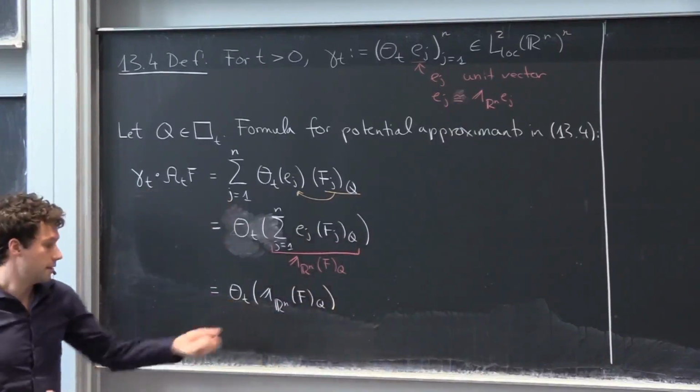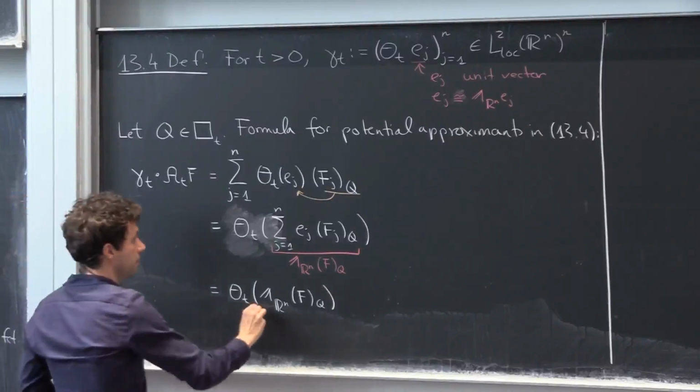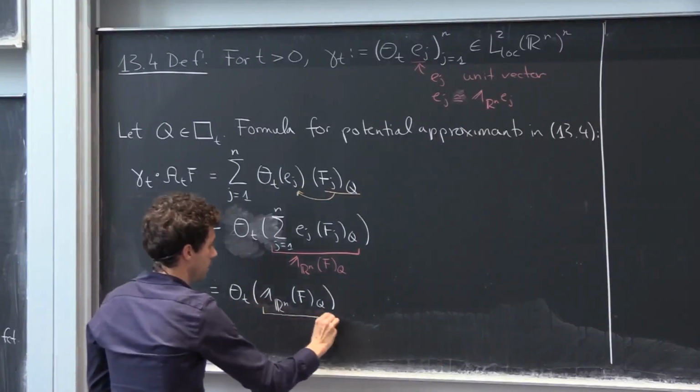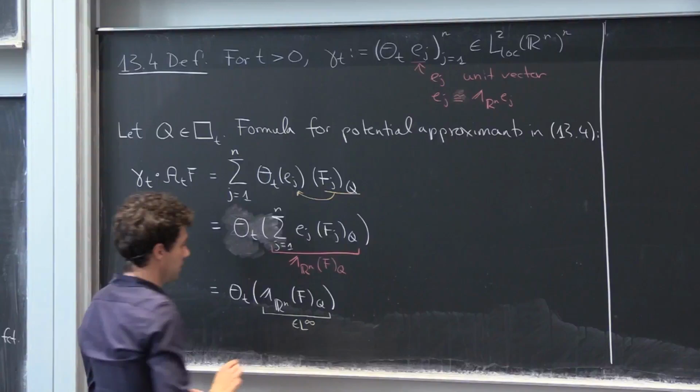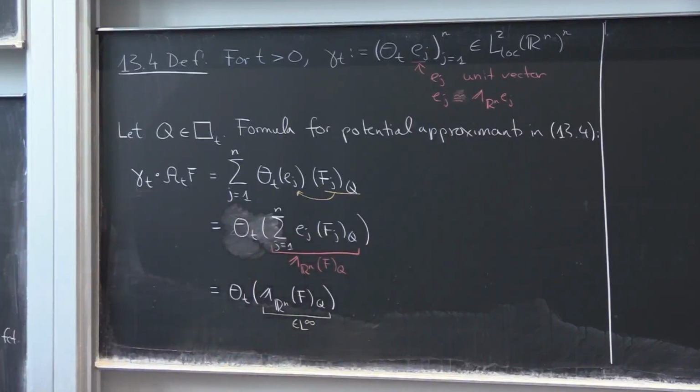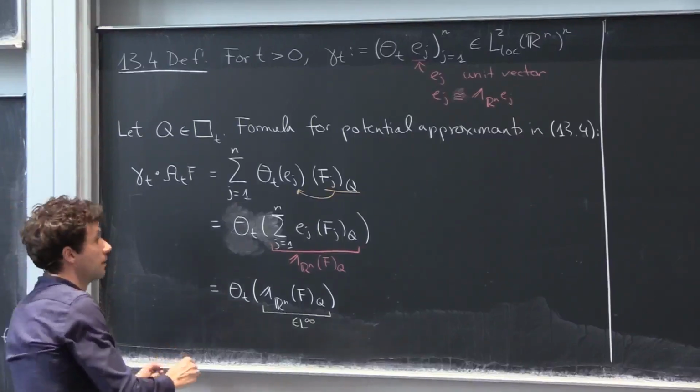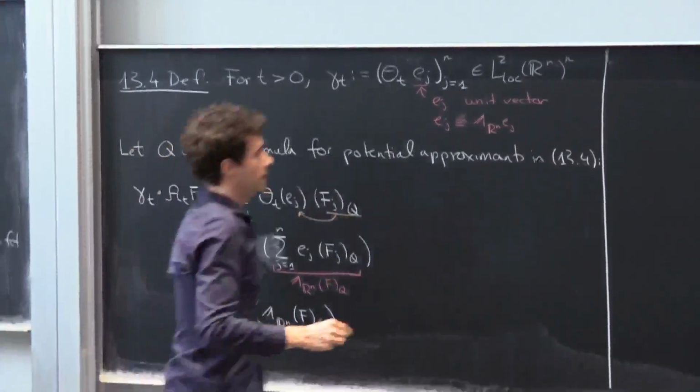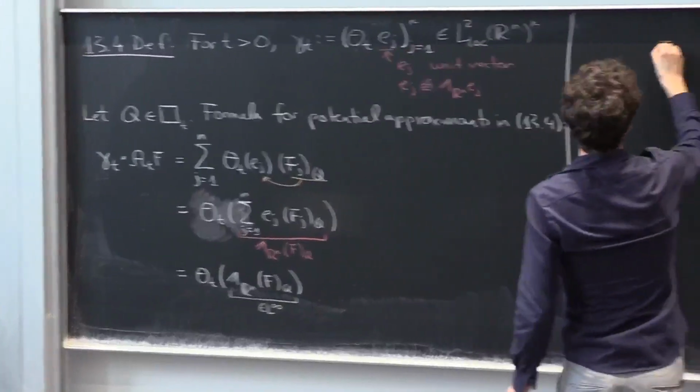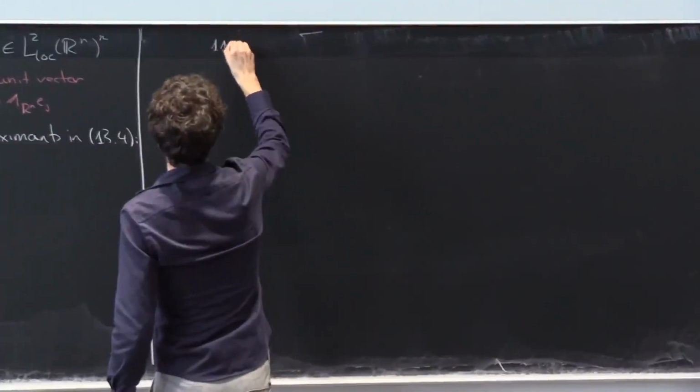And now this here, I view it as an L infinity function. And so I can go back to the definition, how I extend it by means of off-diagonal estimates, the action of operators from L2 to L infinity. You remember that I could fix a reference ball, and then I had to take a limit of radii going to infinity. So this was definition 11.14.